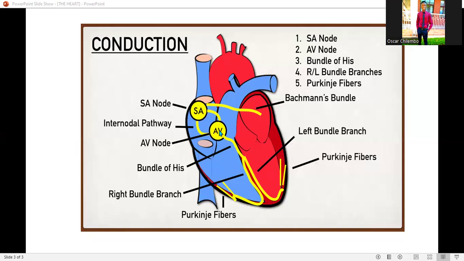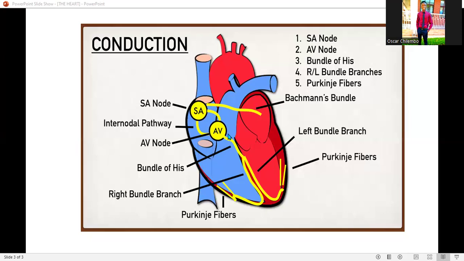Therefore, if the SA node is damaged, the human being can survive using the AV node, because it allows the heart to beat at 40 to 60 beats per minute, in that range. But there's something unique that happens for the electrical impulse to move from the AV node to the bundle of His.